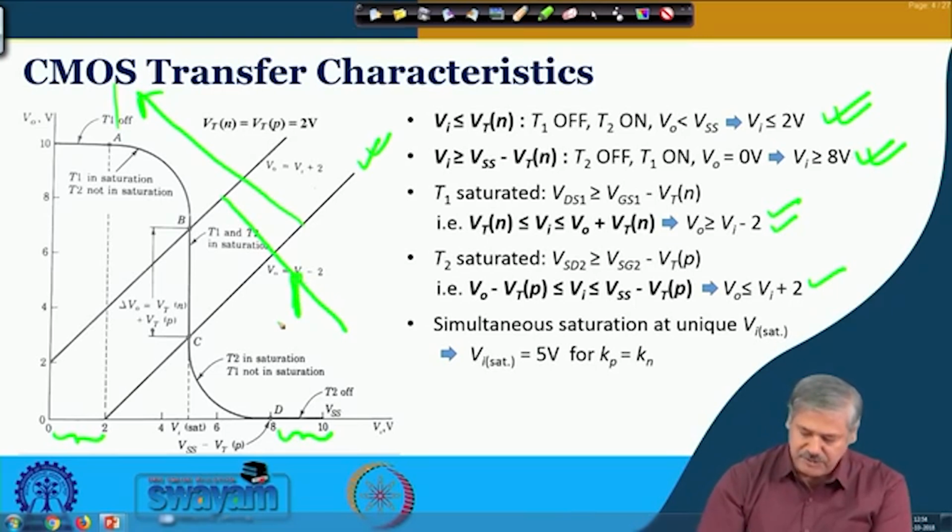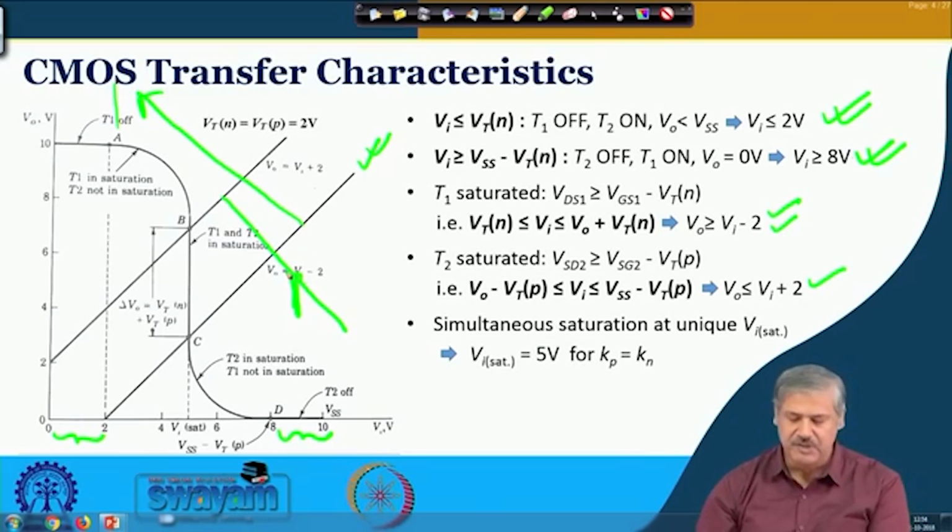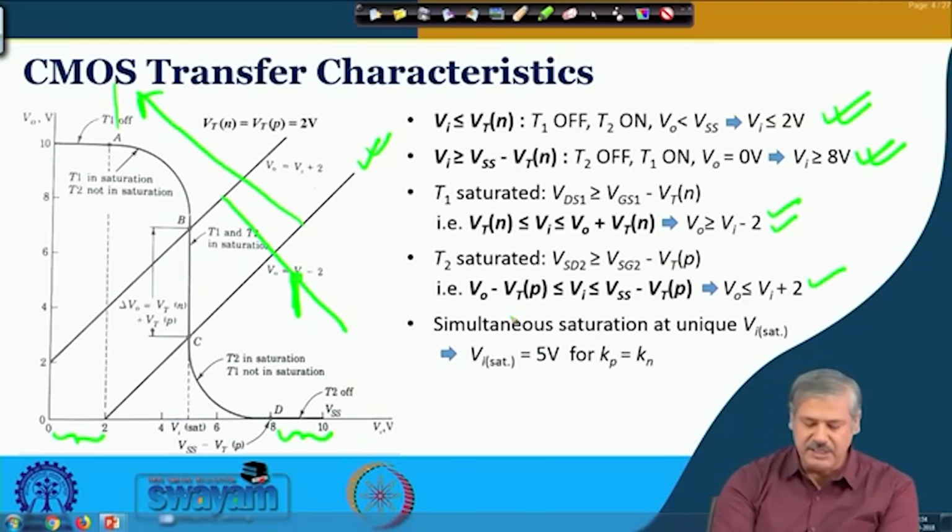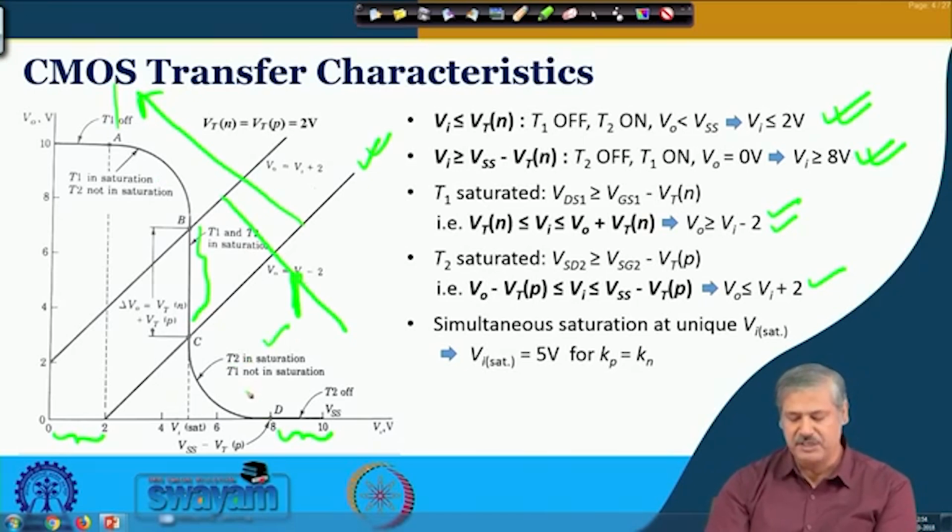This will be the case when T2 remains in saturation. So both T1 and T2 remain in saturation in this zone, and the rest of the zones are defined in this manner: T1 in saturation but T2 not in saturation, and T2 in saturation but T1 not in saturation. These are the other two.